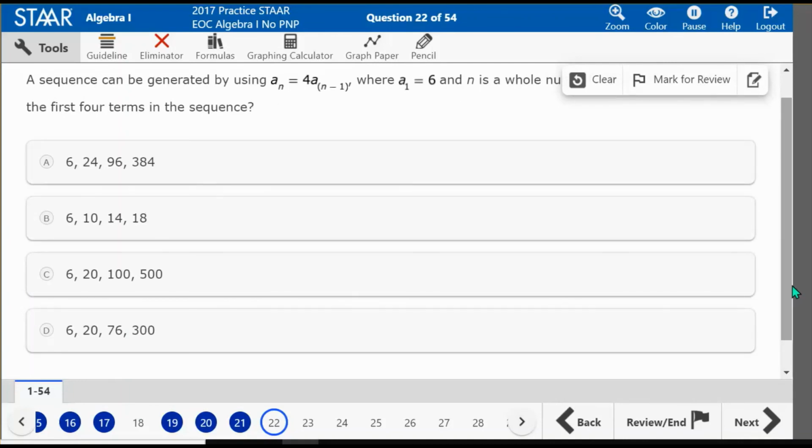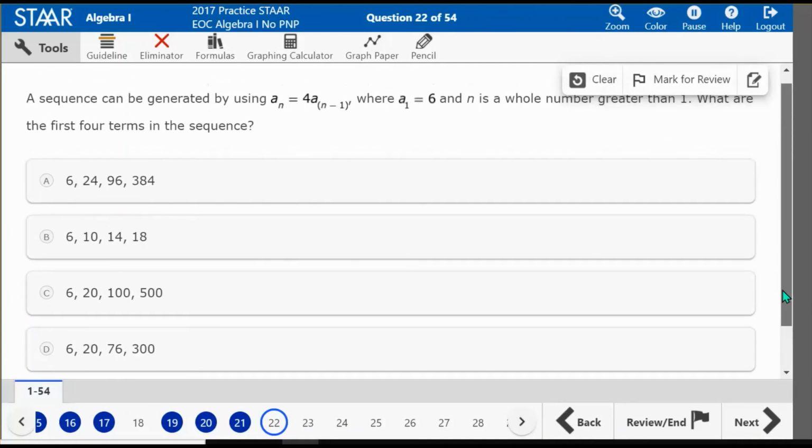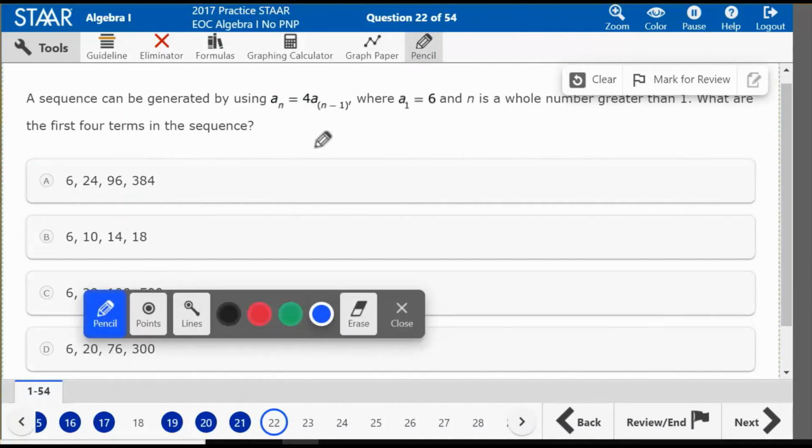You basically just substitute into the problem. 6 times 4 is 24. This is kind of like a geometric sequence rule, but I don't know how to explain it.